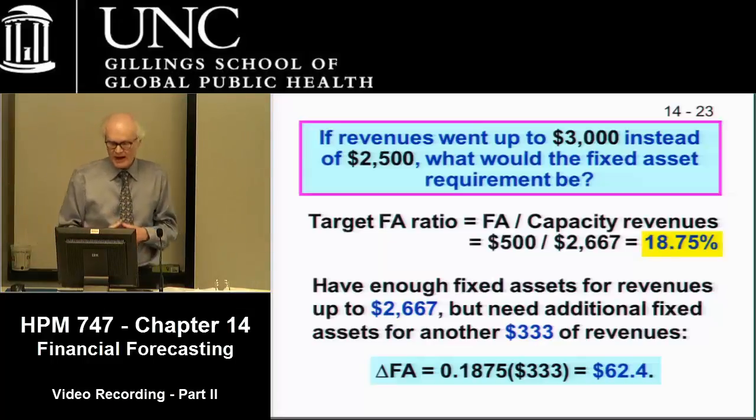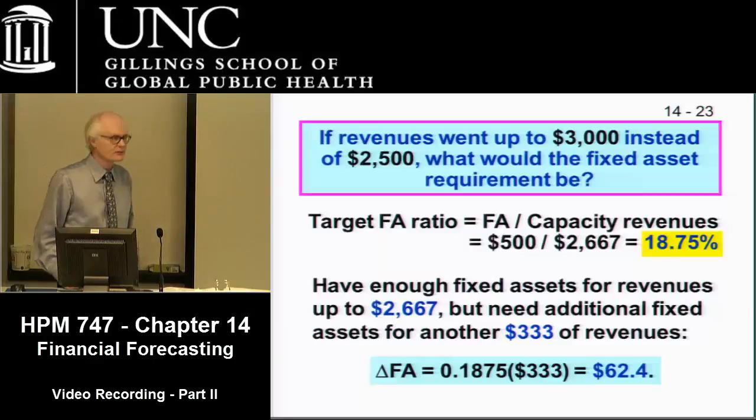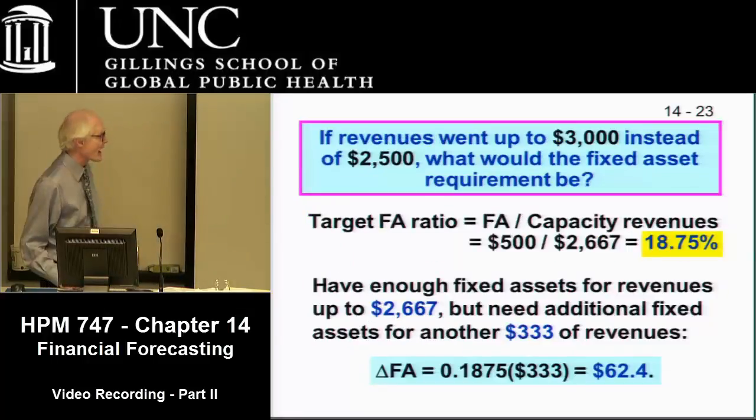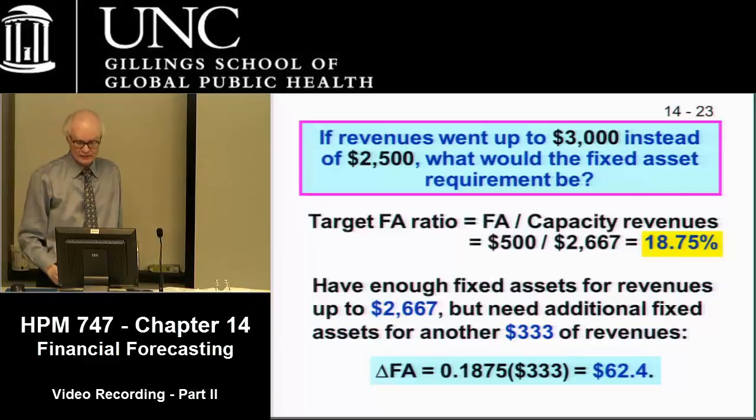We multiply that by the difference between the $3 million and the capacity revenues, which is 333 of revenues. So 333 times the 18% gives us an extra $62,000. So in essence, we would add 62,000 to the 179 because now we need an increase in the fixed assets as well as the current assets.